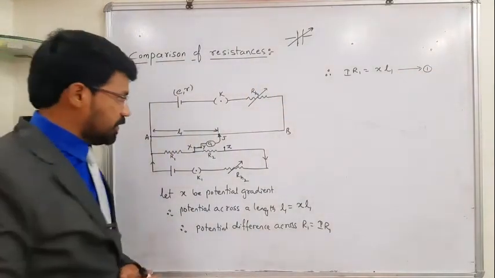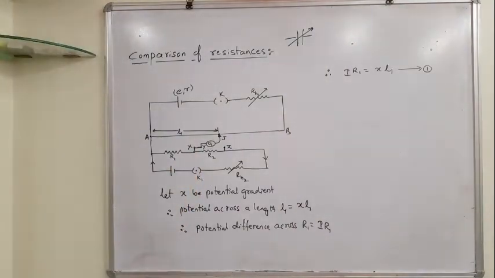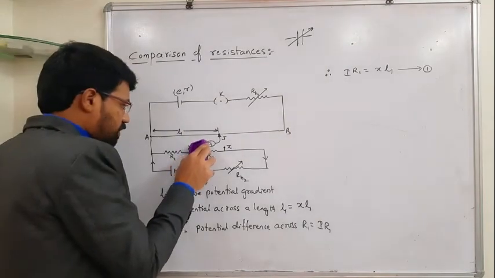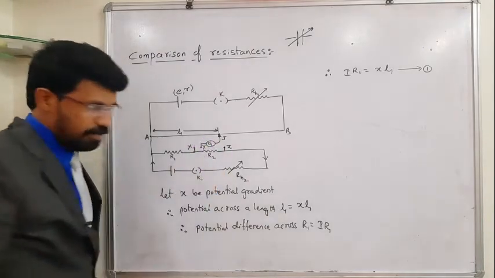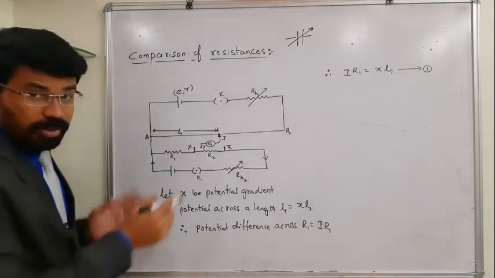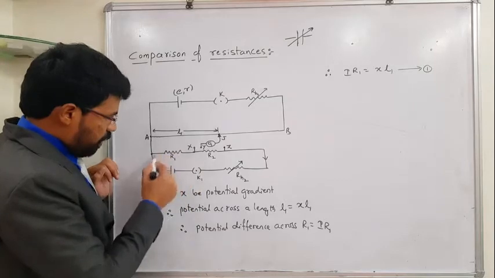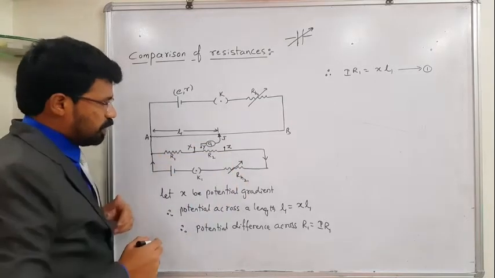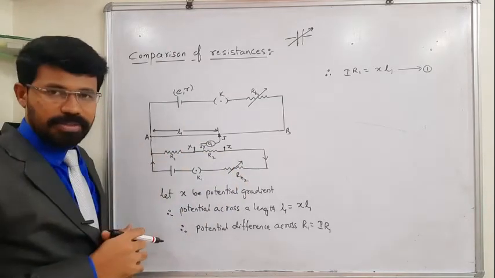Now, what I am going to do is remove this contact. I am going to disconnect this X from Y. Now, try to understand this picture, children. This part of the circuit is not connected to the potentiometer, or the potentiometer is not connected to this secondary circuit.